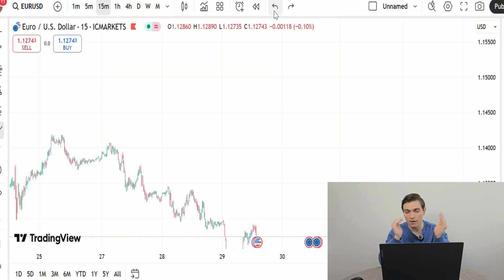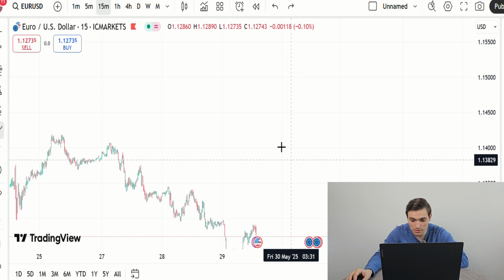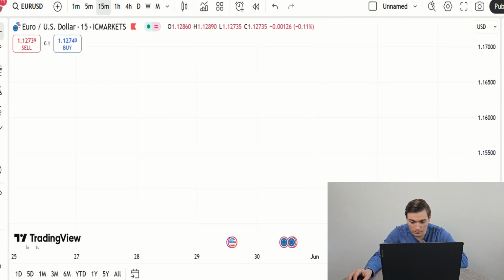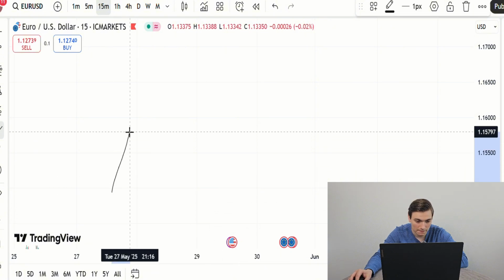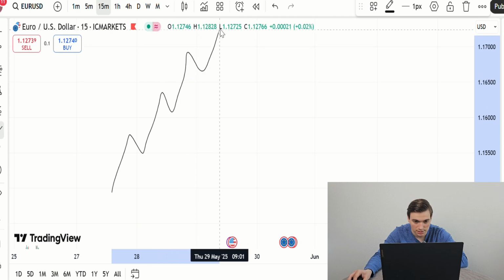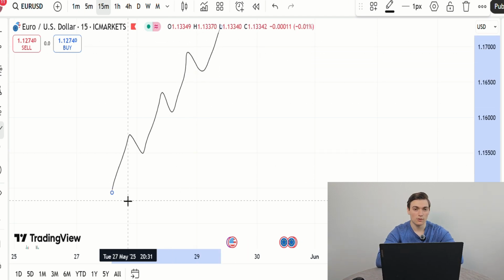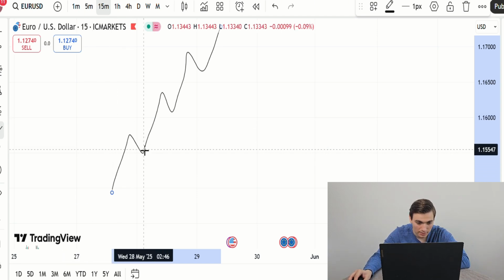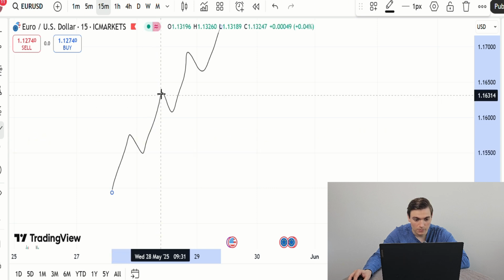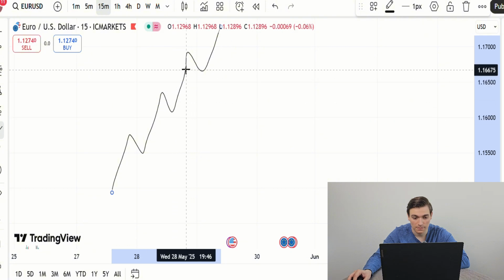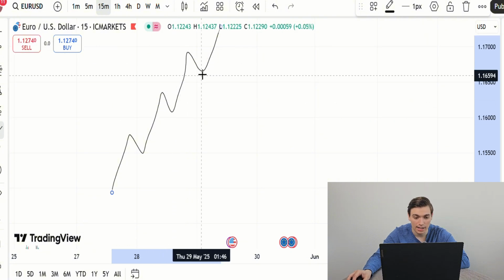So you will be asking, what forms an uptrend, what forms a downtrend? This is really basic stuff and one of the most important things to know. We're gonna start with the uptrend. Impulse, pullback, impulse, pullback, impulse, pullback, impulse. What forms an uptrend? An uptrend is when the market forms a high, then a low, then a higher high, a higher low, a higher high, and a higher low.